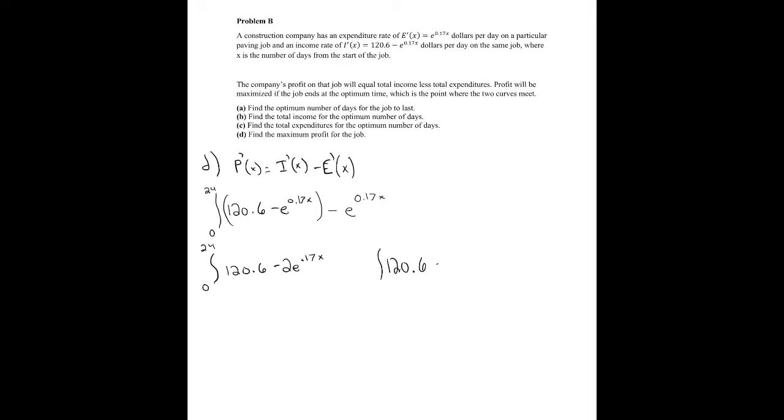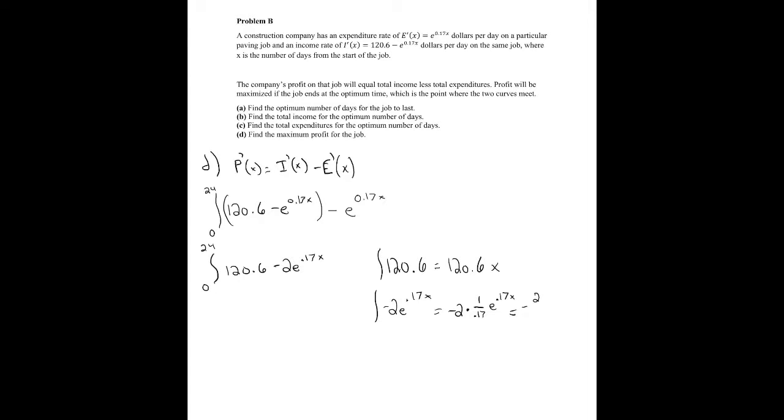Now to find our profit equation, we are going to want to take the antiderivative of this equation. So we're going to use the same rules we already did. The antiderivative of 120.6 equals 120.6x. The antiderivative of negative 2e to the 0.17x equals negative 2 times 1 over 0.17 e to the 0.17x.